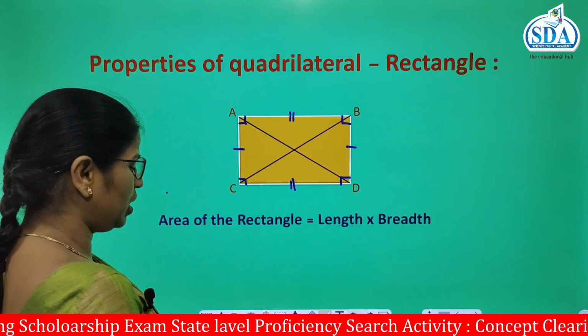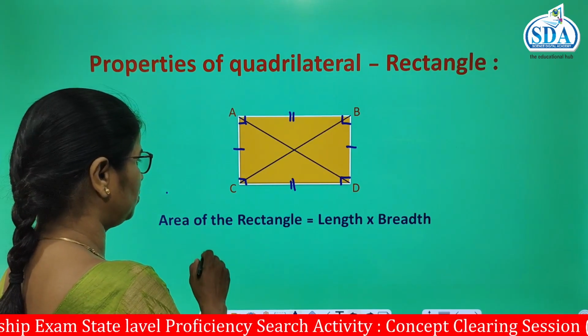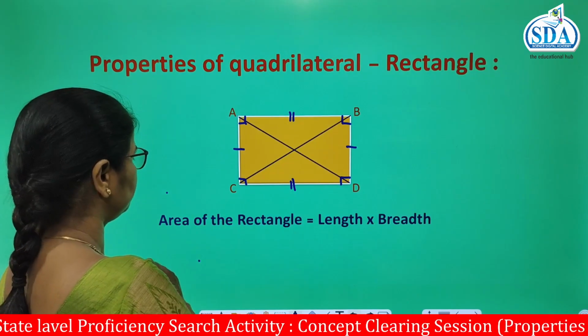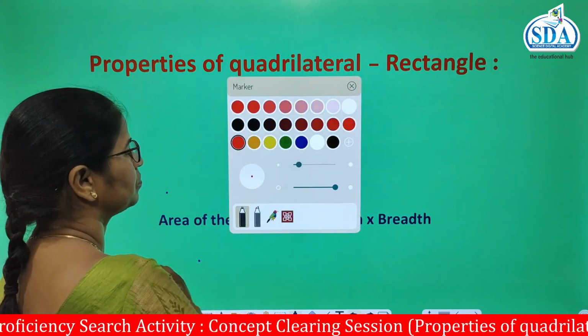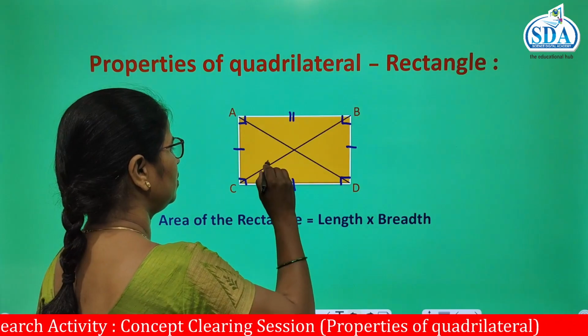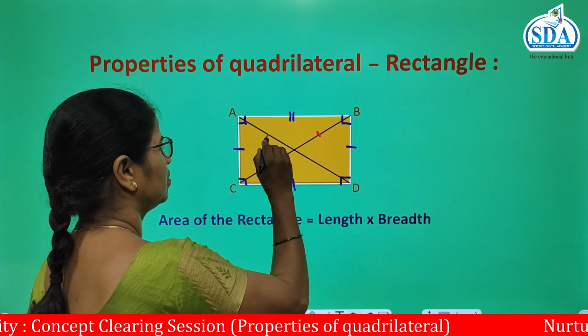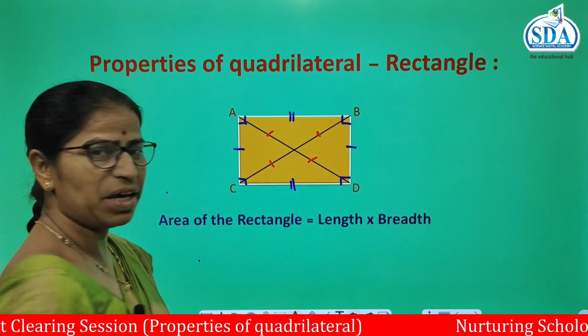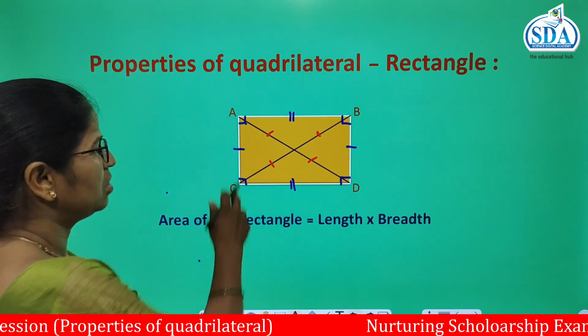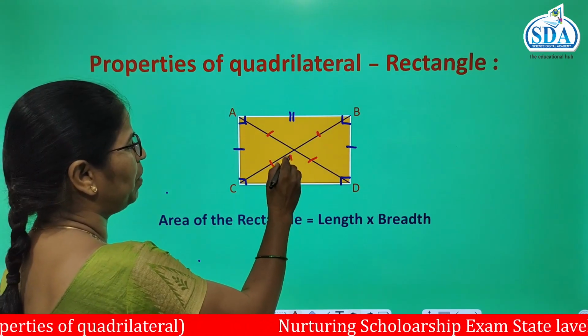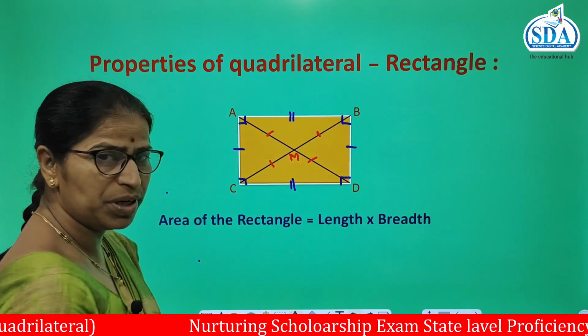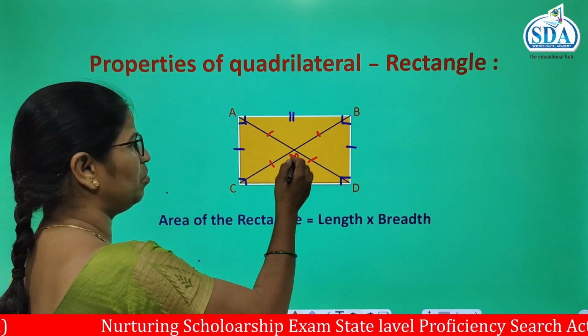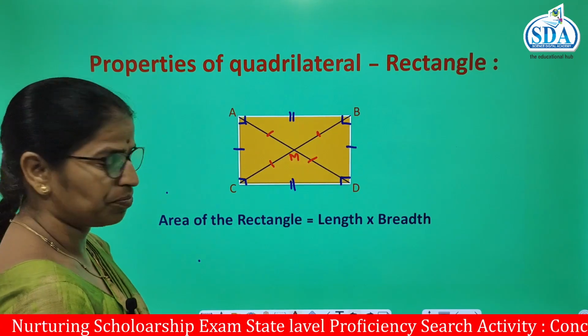And also they bisect each other. Diagonals bisect each other. That means these two parts are equal, AM and MD, as well as CM and MB.